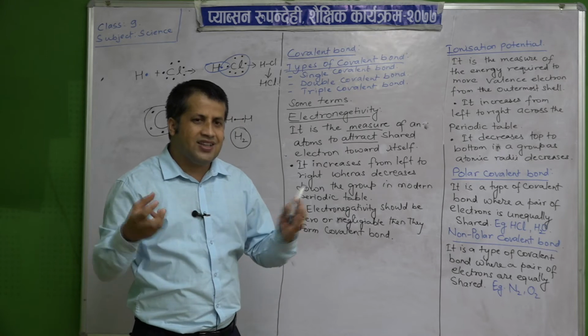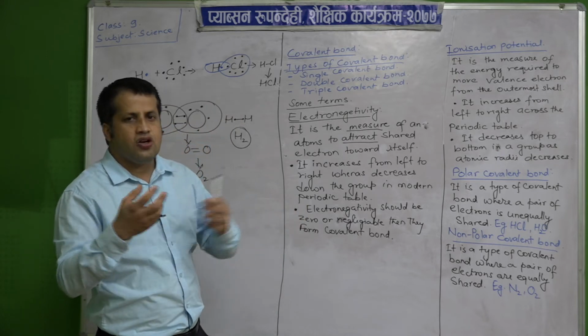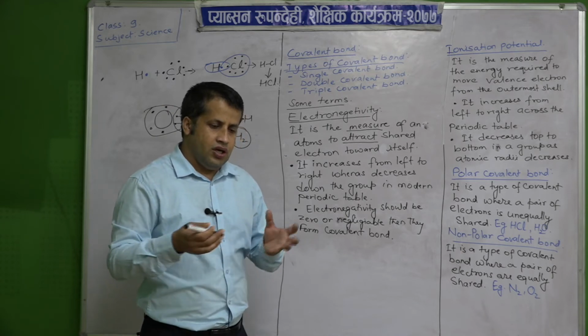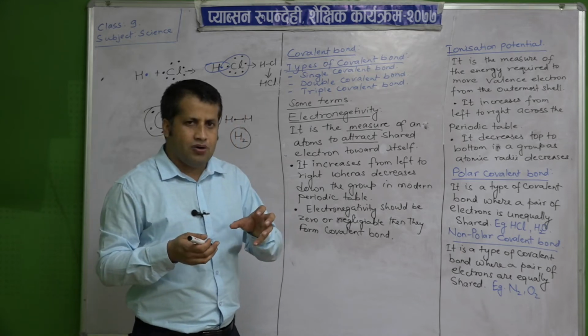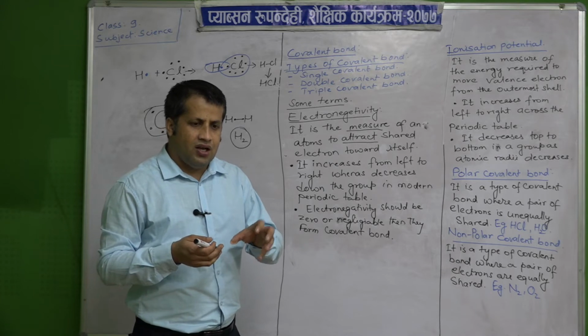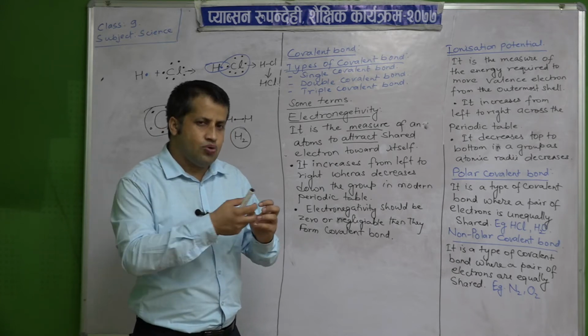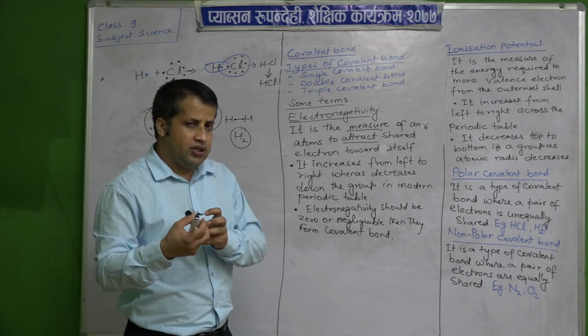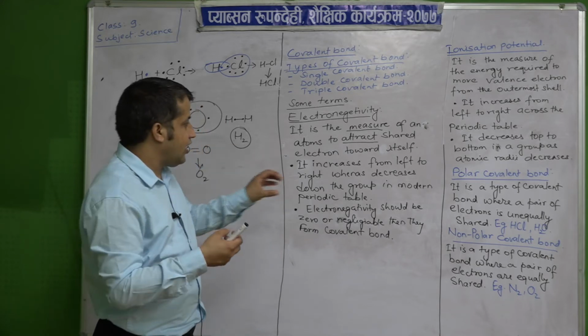Like that, in the formation of a covalent compound also, if they are sharing electrons, some atoms have more power to attract and another has less power to attract electrons towards itself, and that property is called electronegativity.